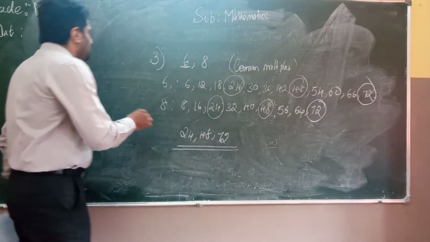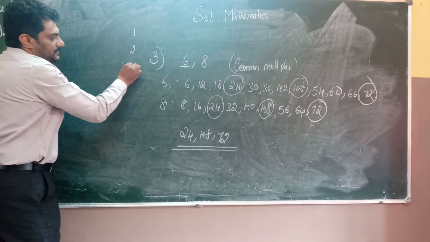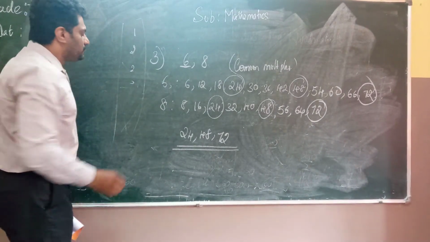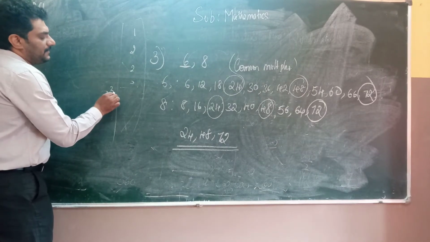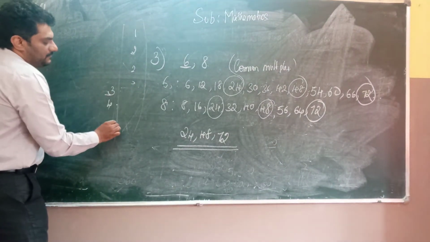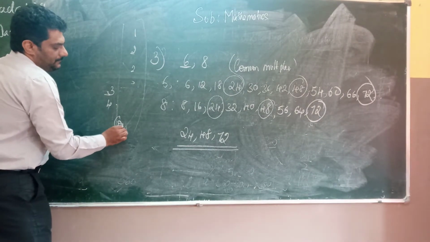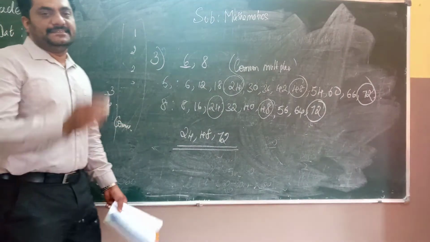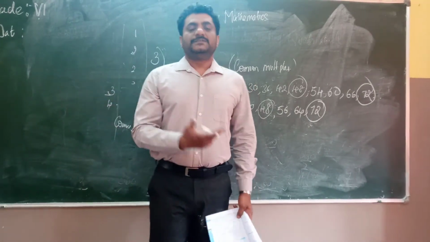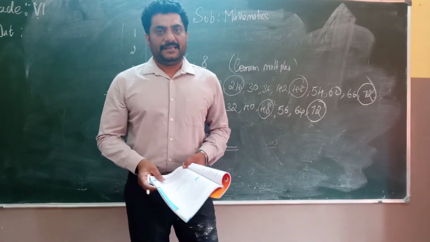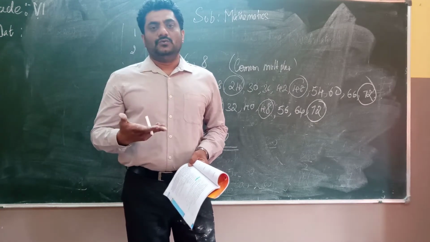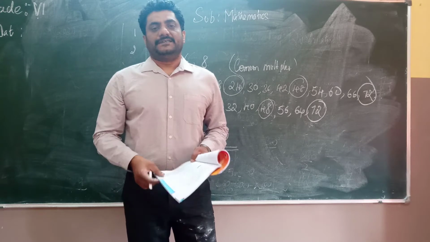That means you have to write down all the numbers, and check which are divisible by 3 and 4. First write the numbers 1 to 100. Check which numbers are divisible by 3 and then divisible by 4. In those two lists, take the common ones.